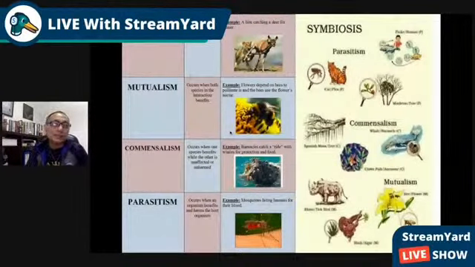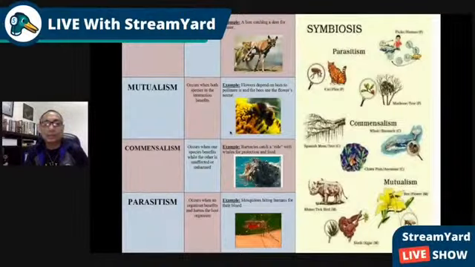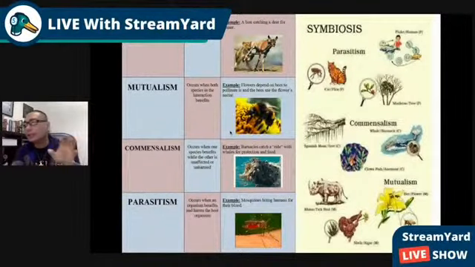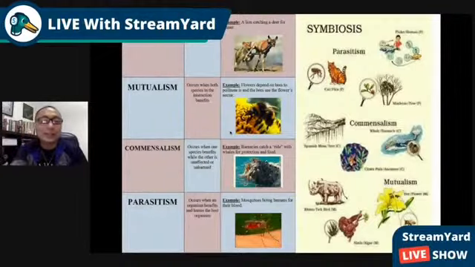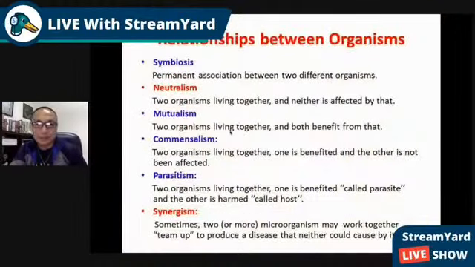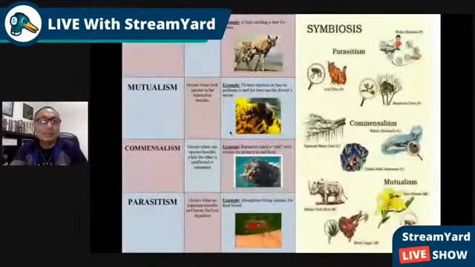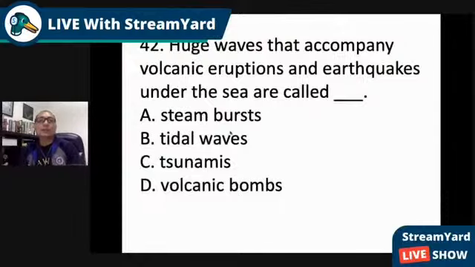Or like the leech with our body. So it's parasitism. Better if we see the difference in the relationship between the two. Friends with benefits, yes, Danica. That's mutualism.